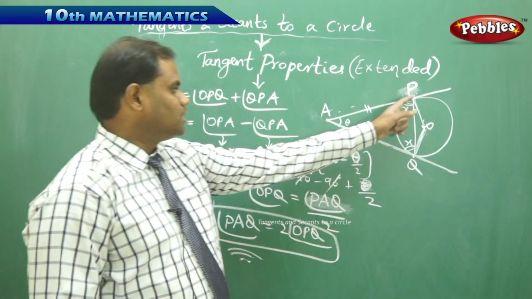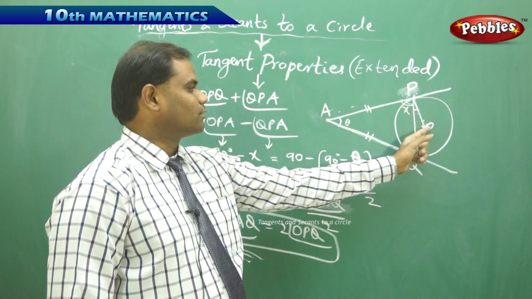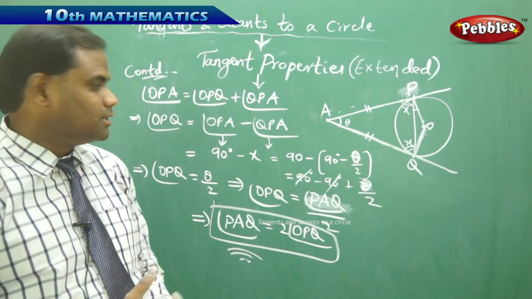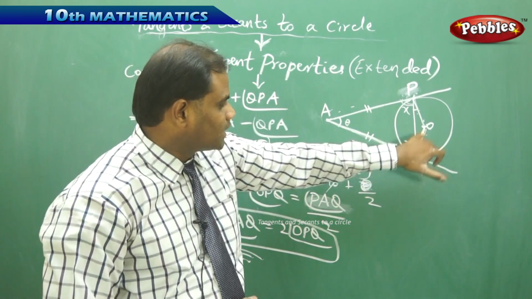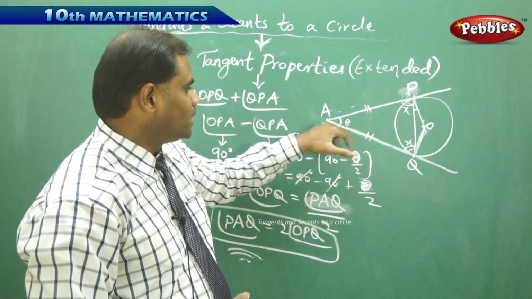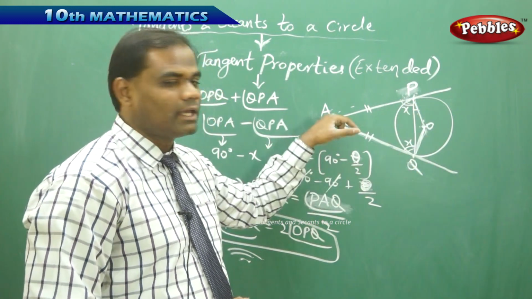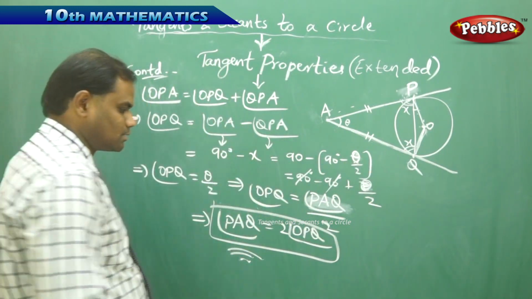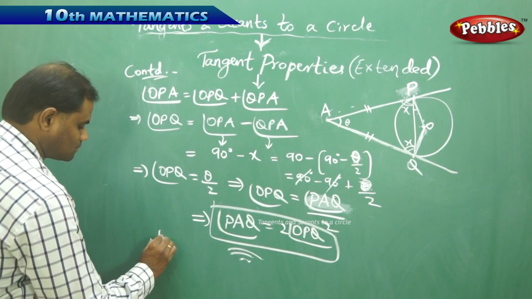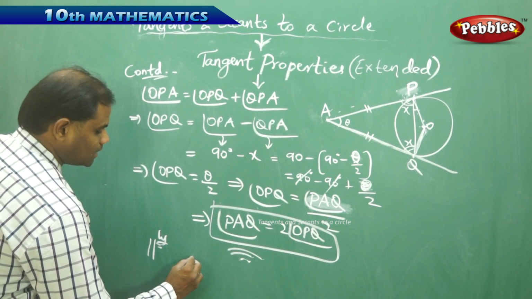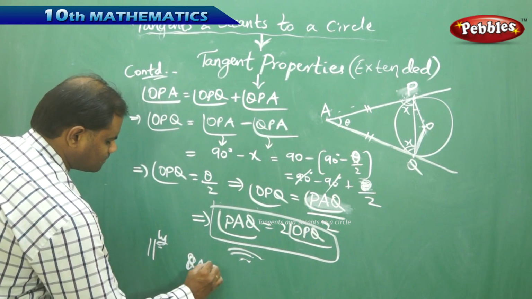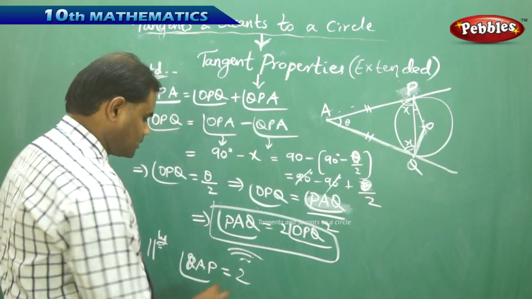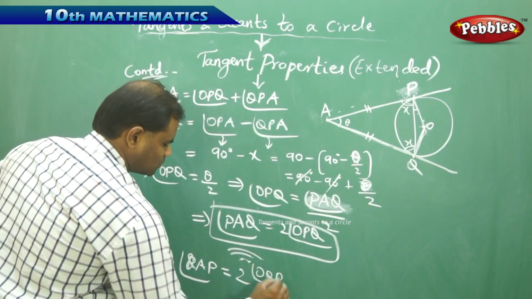Therefore, angle PAQ is always twice angle OPQ, which is how they are connected. Similarly, proceeding with the same proof, taking angle OQA as OQP plus PQA and going along the vertex Q in a similar manner, I get angle PAQ, or QAP, is twice angle OQP, which I can prove through the similar proof.